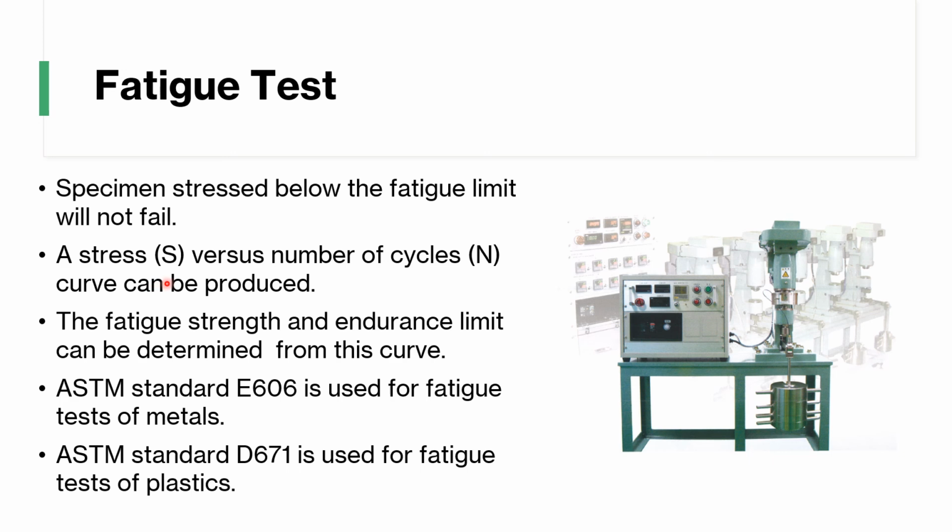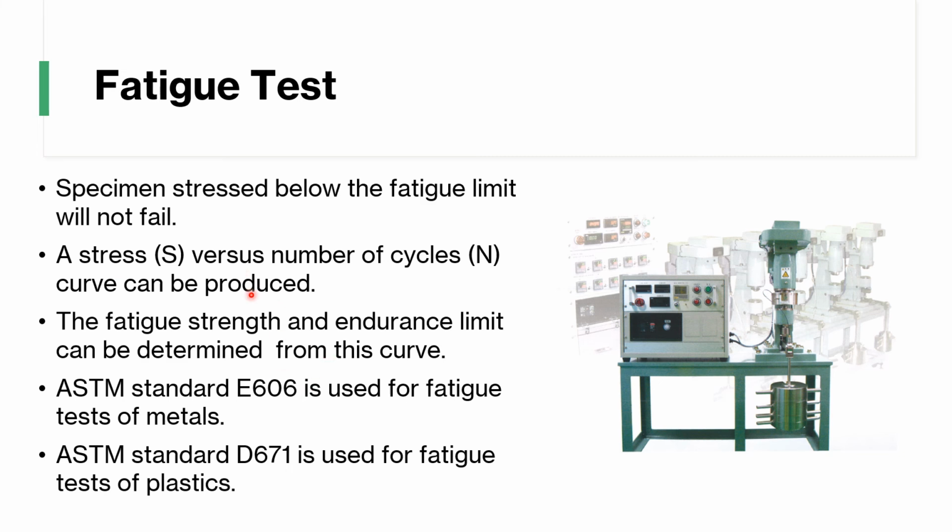Here is your stress S versus number of cycles N curve. We can get that graph out of the instruments if it is connected digitally to your PC. The fatigue strength and your endurance limit, we're going to calculate from this graph. Curve means a graph.